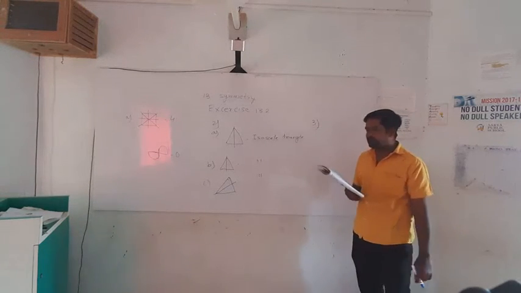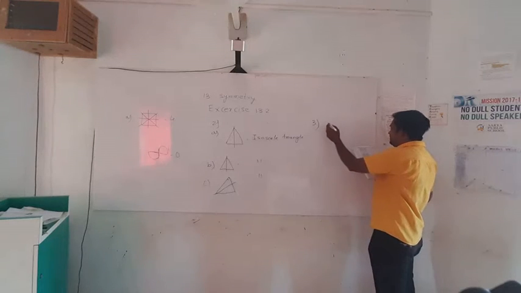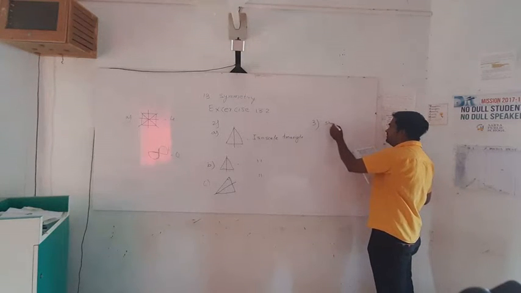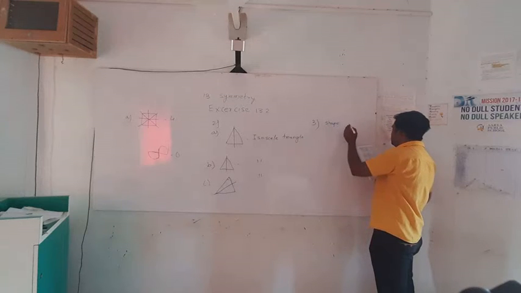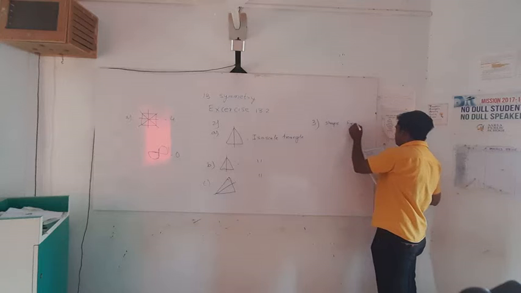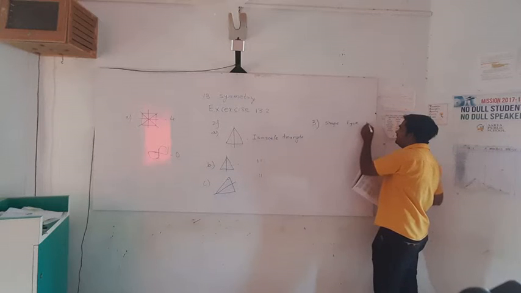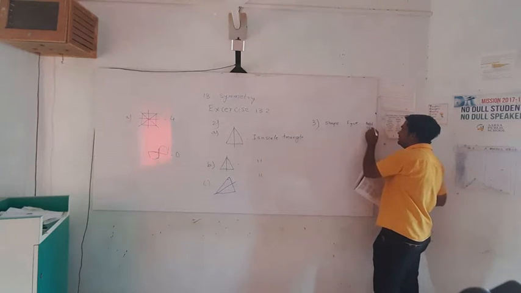Here they have made columns: shapes, rough figure, lines of symmetry, total lines of symmetry.